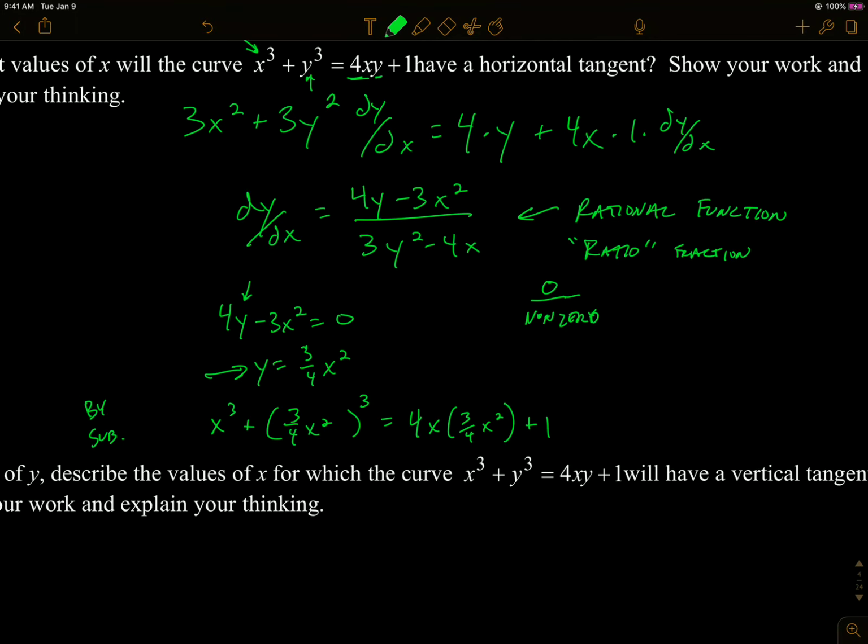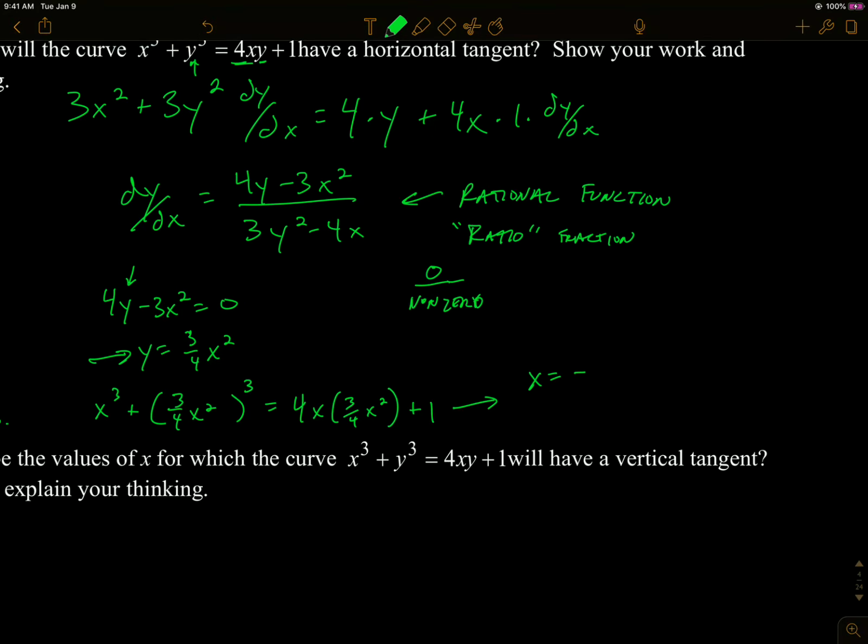Now I've got to solve that equation for x. I'm going to say this is a calculator example. This is a good chance to practice. Put one side in for y1, the other side in for y2. You'll find out that x equals negative 0.770, and x equals 1.732.